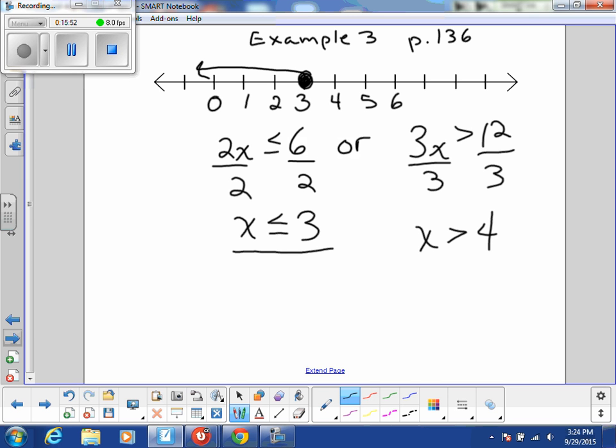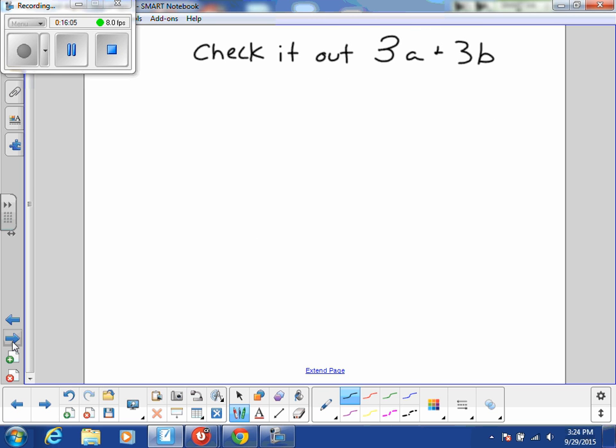X is greater than 4, so an open circle at 4, and I want numbers that are shaded in over here. Disjoint. If you see OR, think divorce. On your number line, they're going their separate ways. So that leaves 2 check it out problems for you to do. Try those, please.